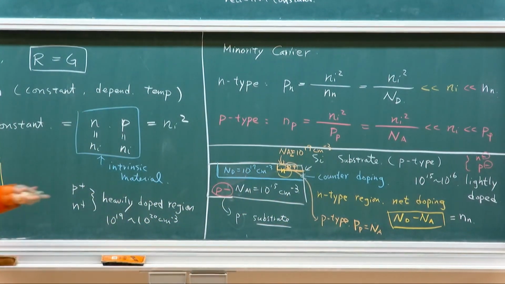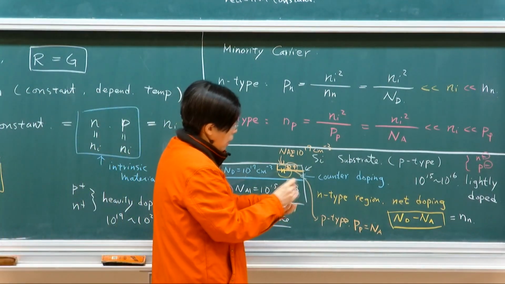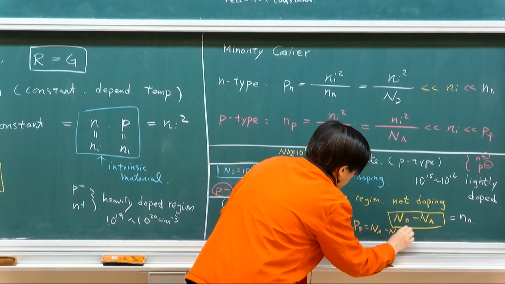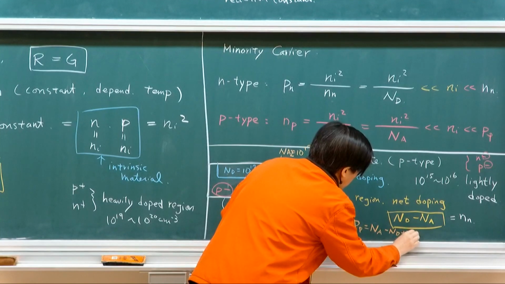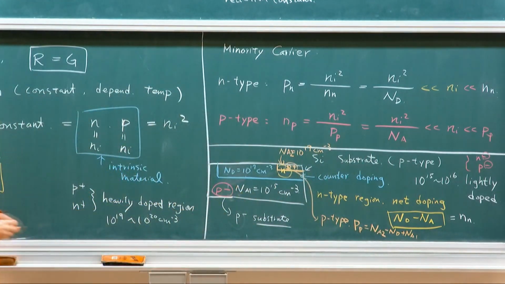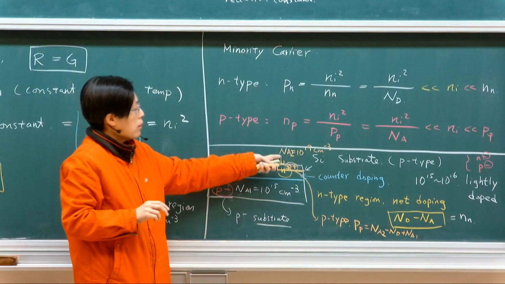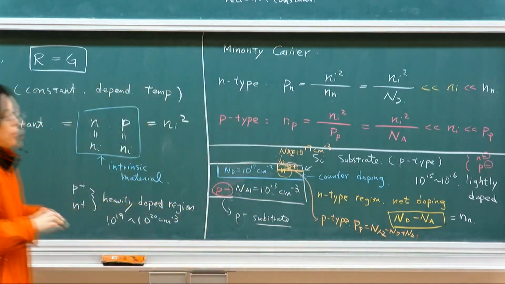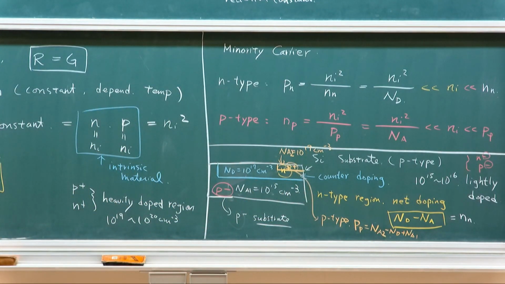So for this region, it will be NA1 minus ND plus NA2. Okay? Is that clear? So you add all the acceptors minus all the donors when you want to get the final result.